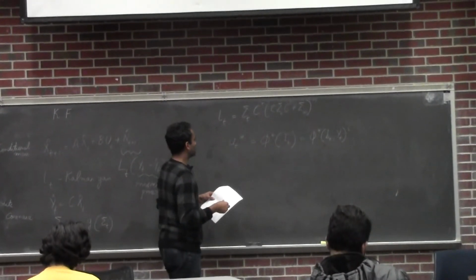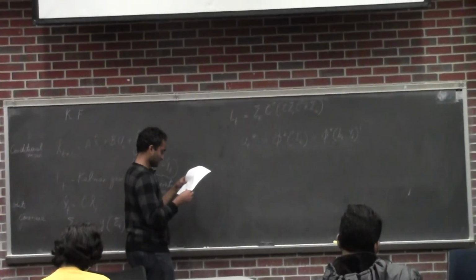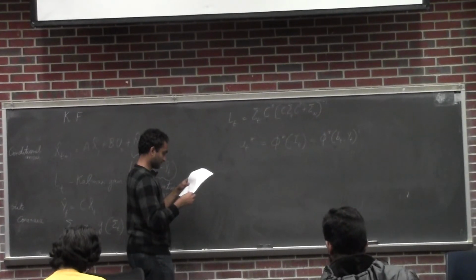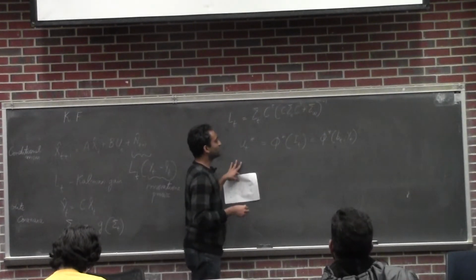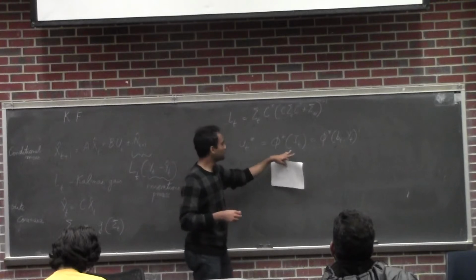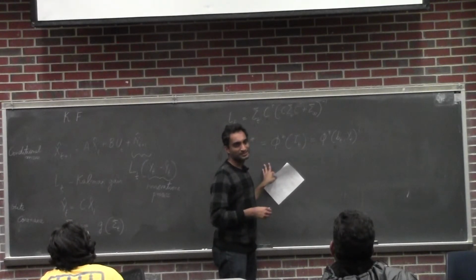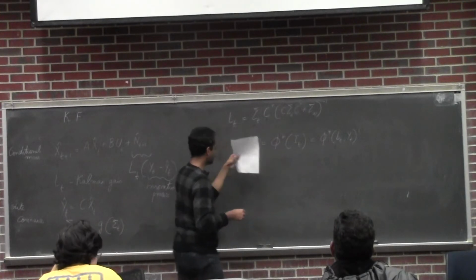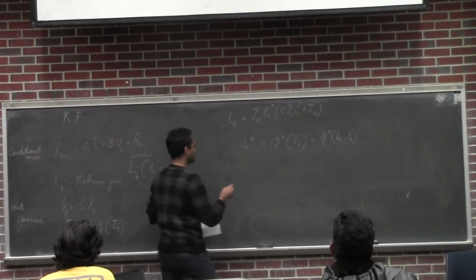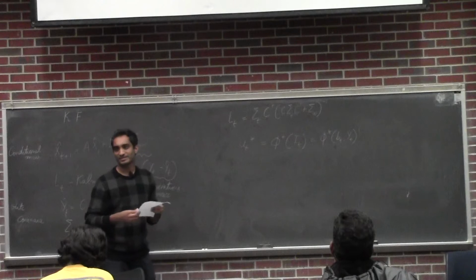So what I would like to show now is that in the case of an LQG system, it simplifies further. You don't really have to have all this information to get the optimal policy. That's what I would like to show you. So what is it that we are trying to minimize?